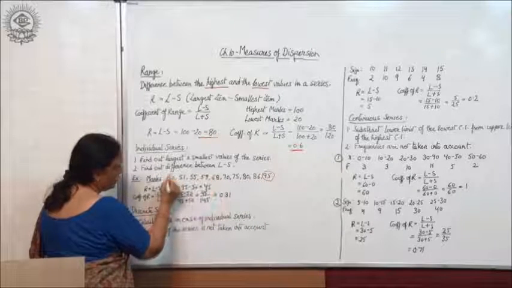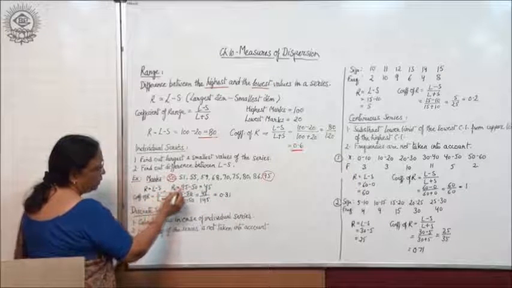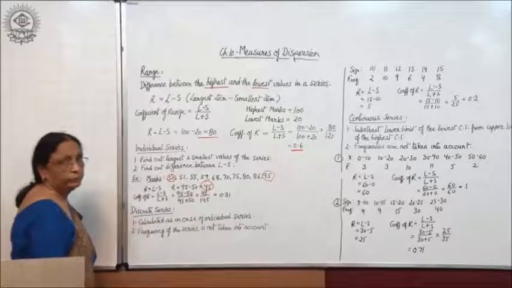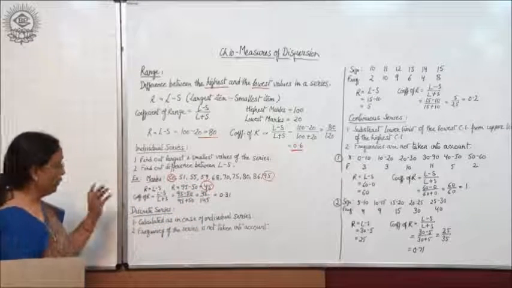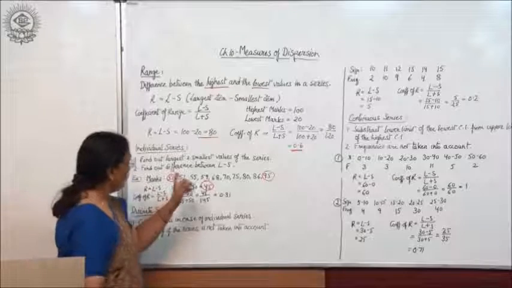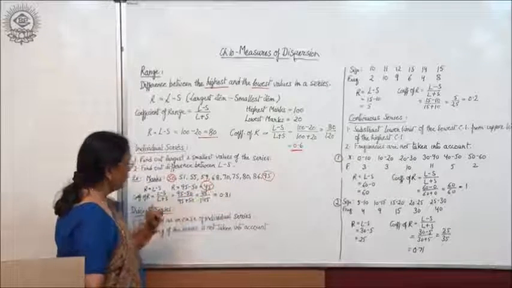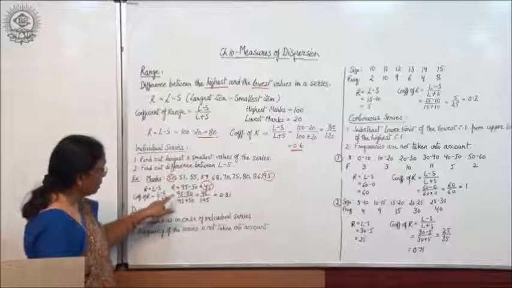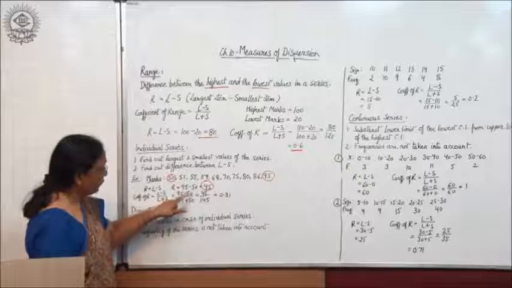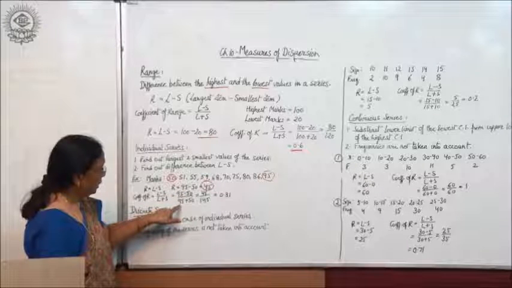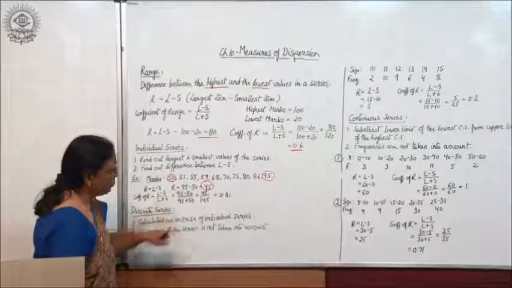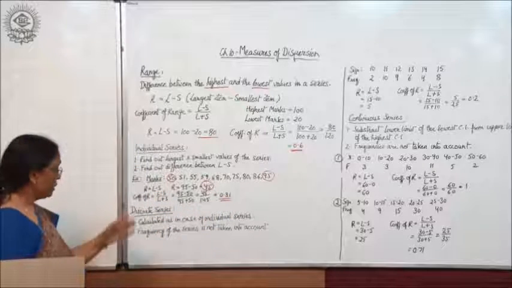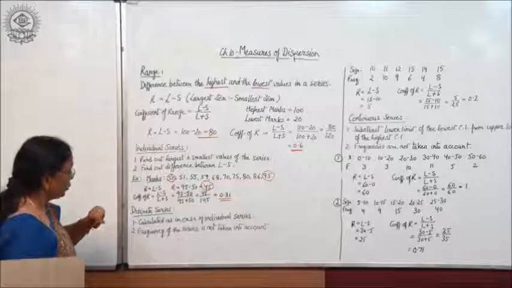What is the smallest here? This is 50. So, R is 95 minus 50 and R is 45. So, range is 45. Marks are ranging between 50 to 95 and range is 45. Coefficient of range is L minus S upon L plus S, that is 95 minus 50 upon 95 plus 50, you get this value, and this is the coefficient of range. Simple calculation in the case of individual series.